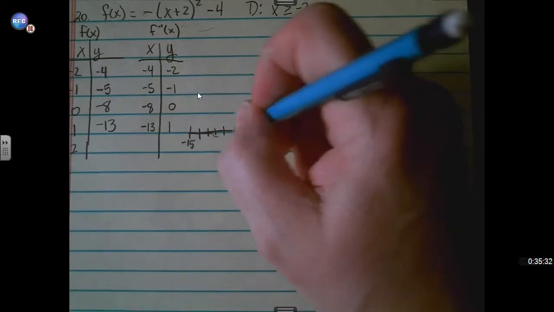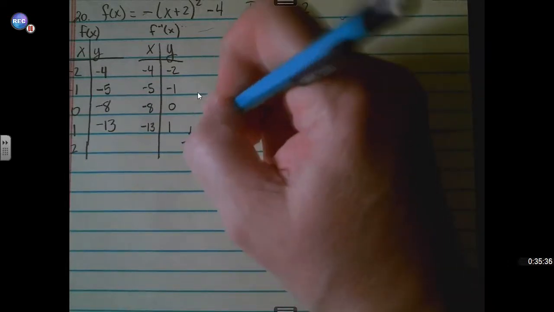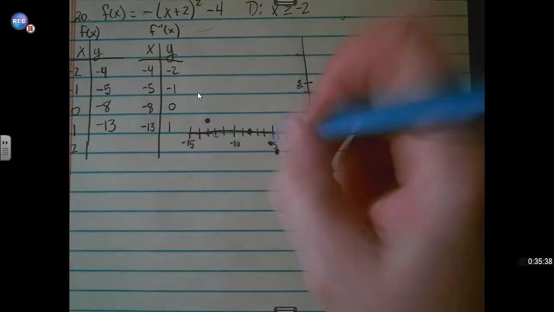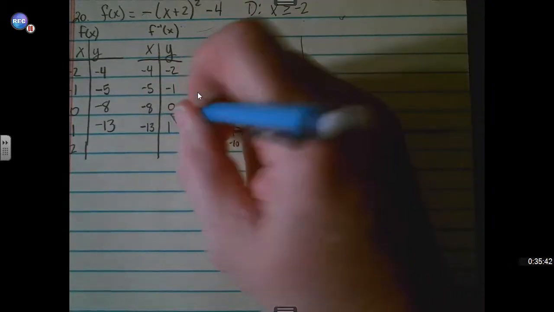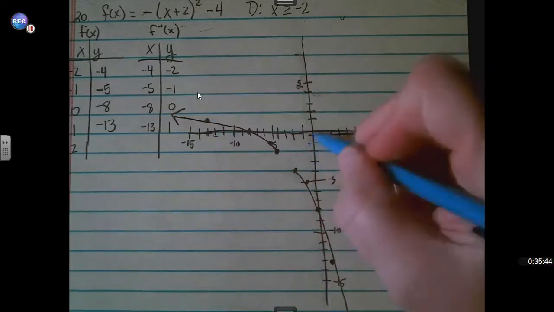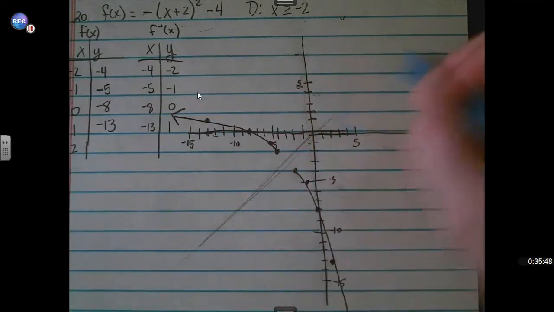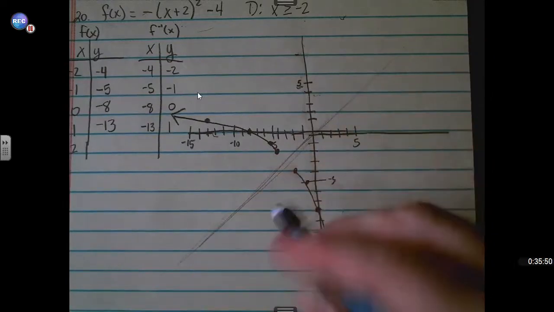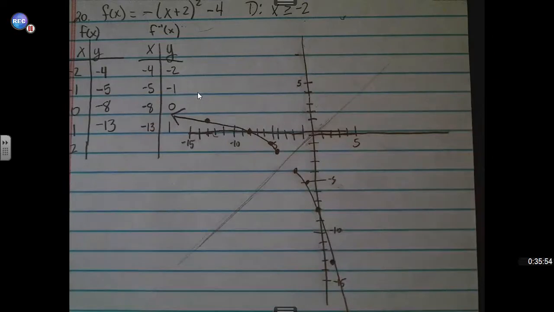And -13, 1. And so there is that other, and remember this is a reflection over this line, y equals x. Okay, it's a reflection over that line, y equals x. Not too bad.